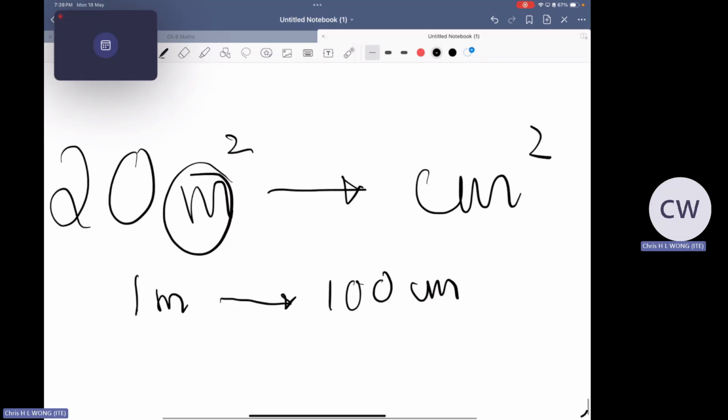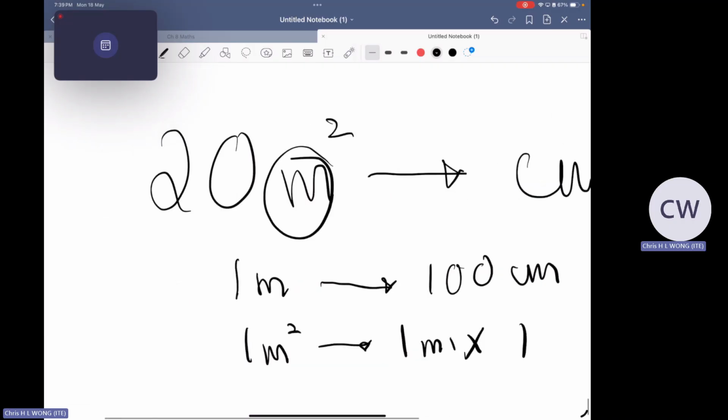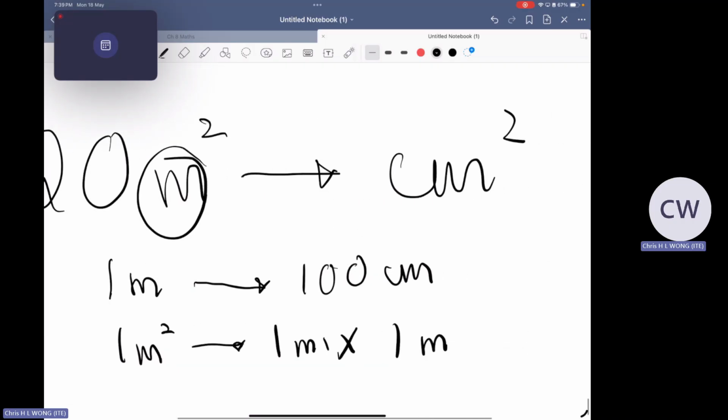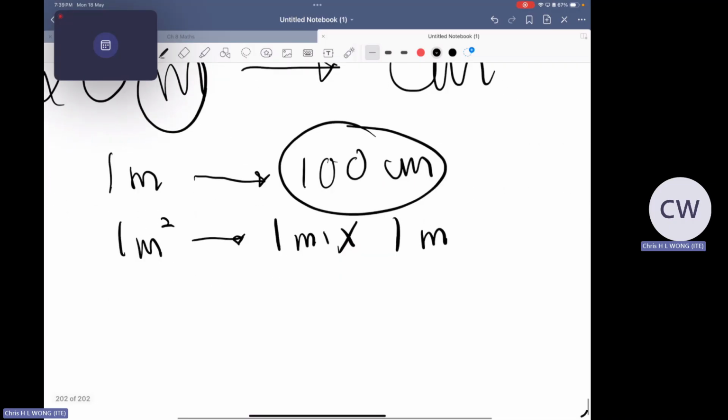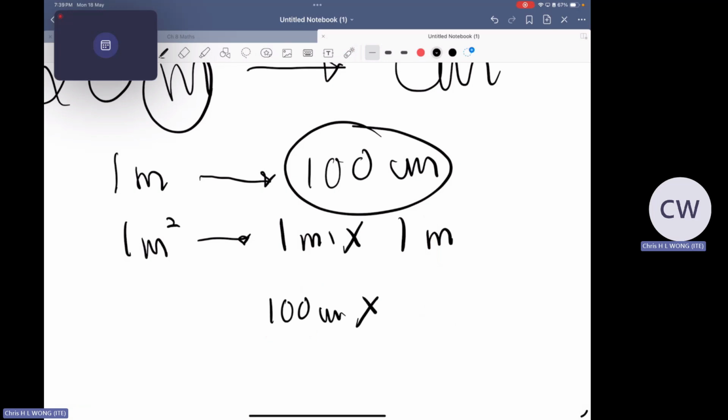So 1 meter square is equals to 1 meter times 1 meter. I need to change centimeter, right? 1 meter is 100, so I'll change it to 100. So it's 100 cm times 100 cm.